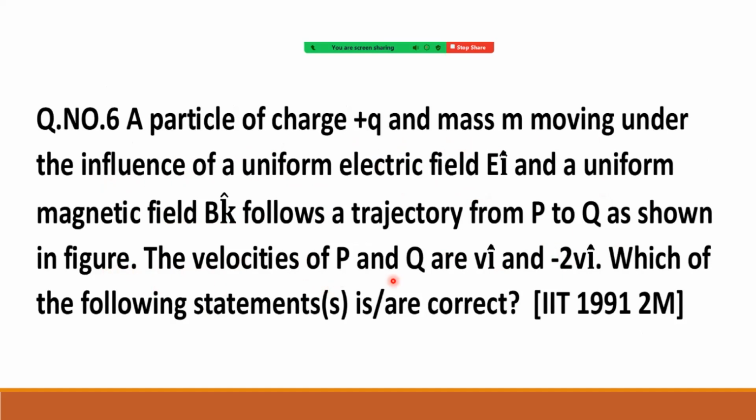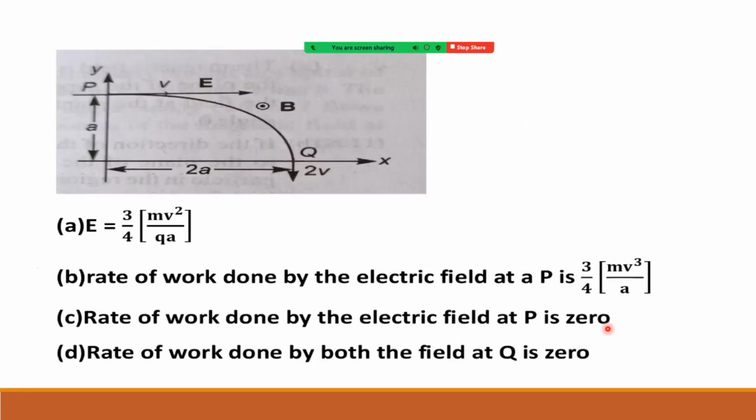The velocities at P and Q are v i cap and minus 2v. This is actually j cap, so change this to minus 2v j cap. Which of the following statements are correct? This was asked for 2 marks in 1991.